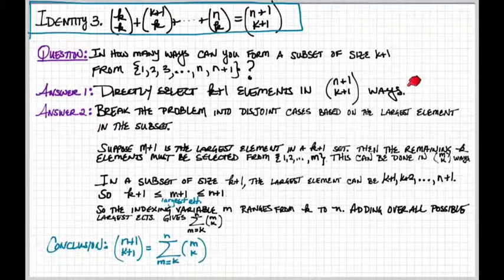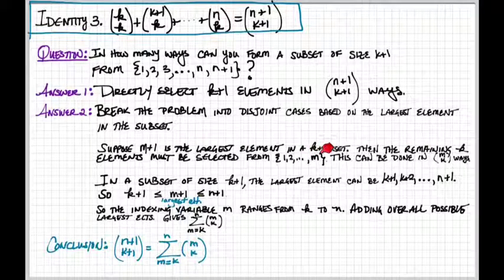And answer 2 is going to be breaking all of the subsets down based on the largest element in the subset. So if the largest element is called m plus 1, and that largest element is in our subset of size k plus 1, then the remaining elements that we are allowed to pick for our subset, there will be k of them, have to be smaller than m plus 1.